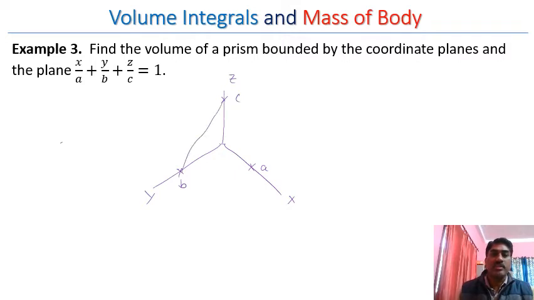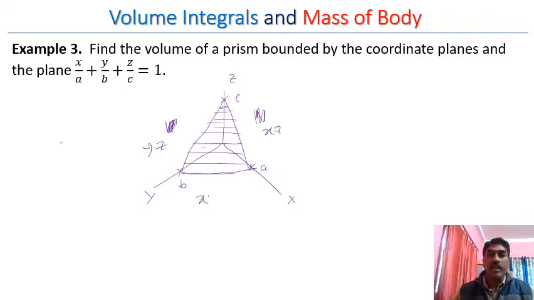So this is the shape, and this inclined plane is given by the equation x by a plus y by b plus z by c is equal to 1, and this is the coordinate planes, means xz plane, yz plane, and xy plane.